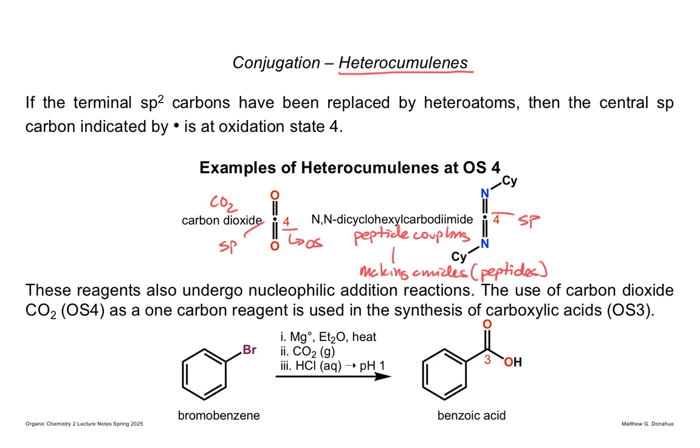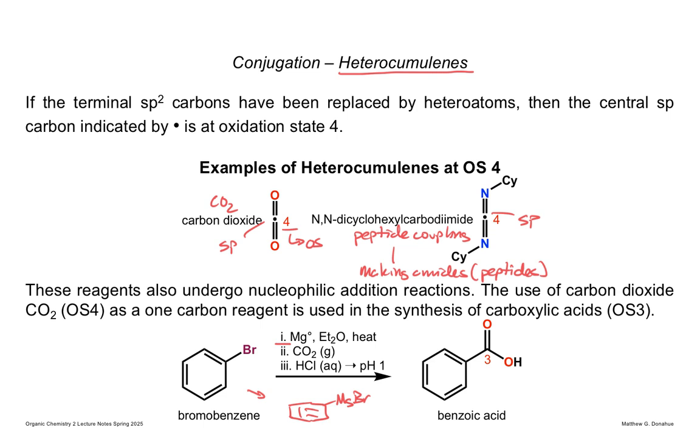So in the case shown here, we're taking bromobenzene, and what we're going to do is treat that with magnesium metal in step 1 here. And what that's going to do is insert magnesium into the carbon-bromine bond.